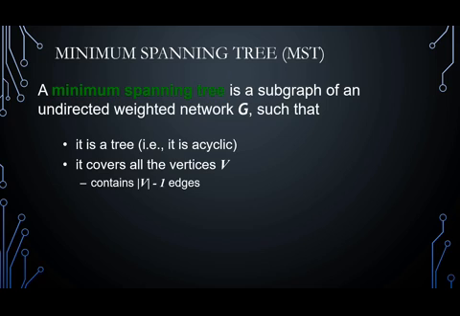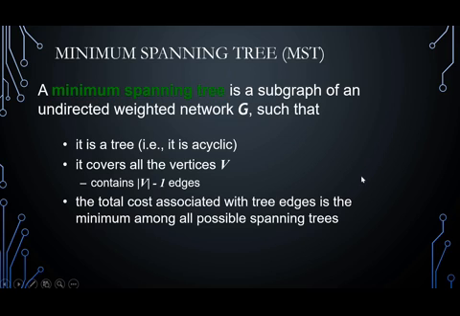If you add even one more edge, if you make it V edges, then the tree will become a graph. Therefore, we need to see to it that it covers all V vertices, but it has V minus 1 edges. Clear?